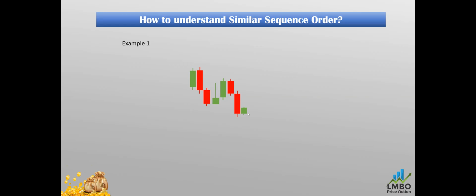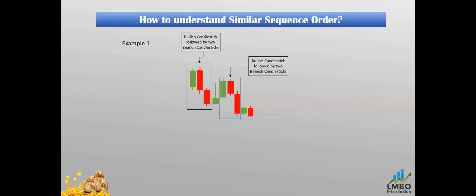So if a third pattern appears, it will also be without retracement. So if there is another pattern, I can go with a sell. This is the way to trade the pattern if the previous two patterns are working. But don't forget ascending and descending order. Okay.